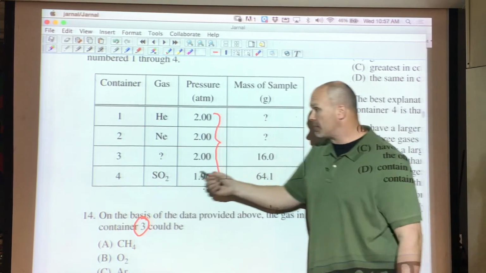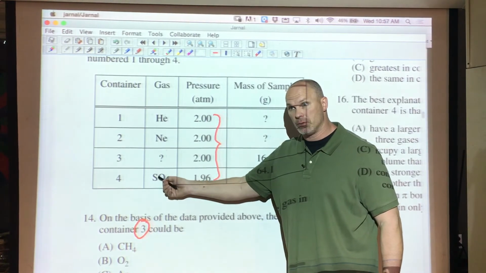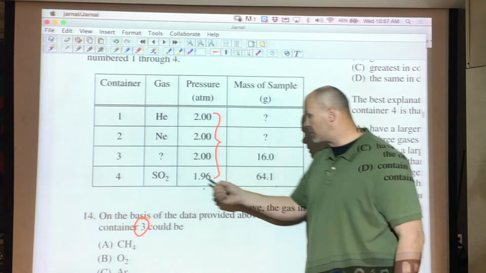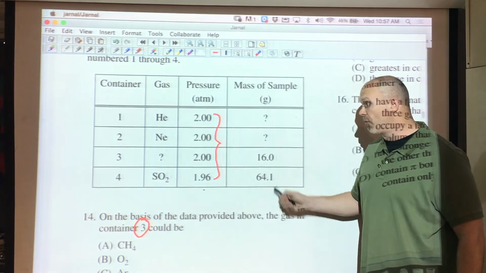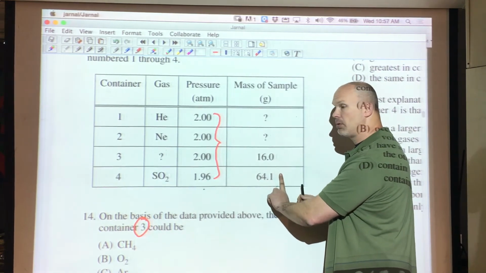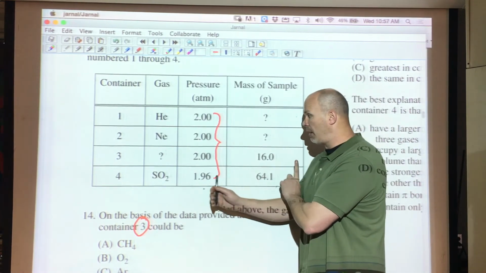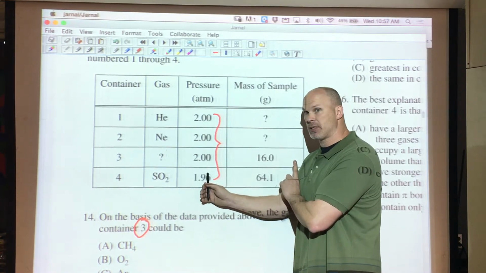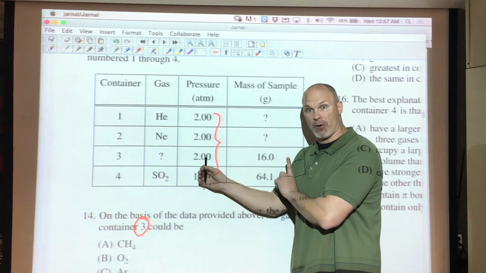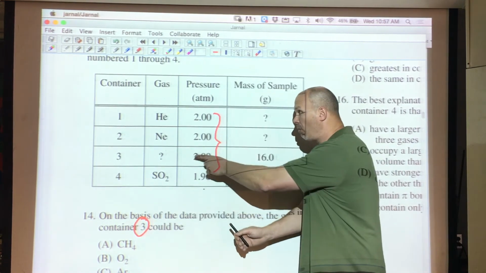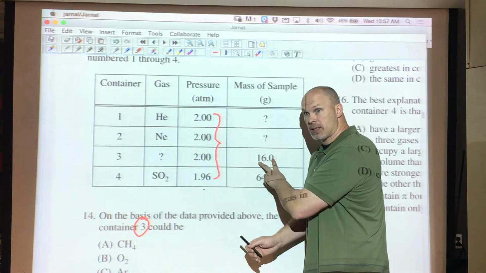If you go to the periodic table, sulfur is 32. Oxygen is 16 plus 16 is 32. 32 plus 32 is 64. 1 mole of SO2 basically got me what? The 2 atmospheres of pressure. And since the pressures are very similar, then it must mean that a mole of this compound is 16 grams.